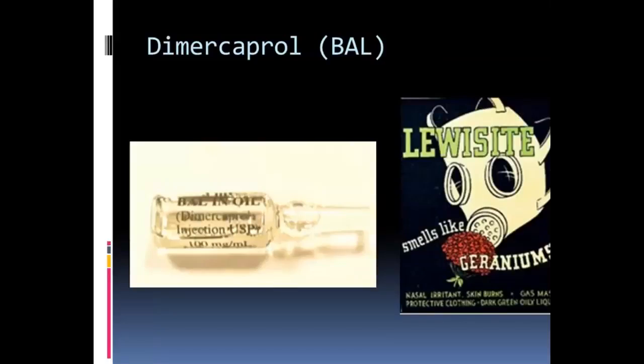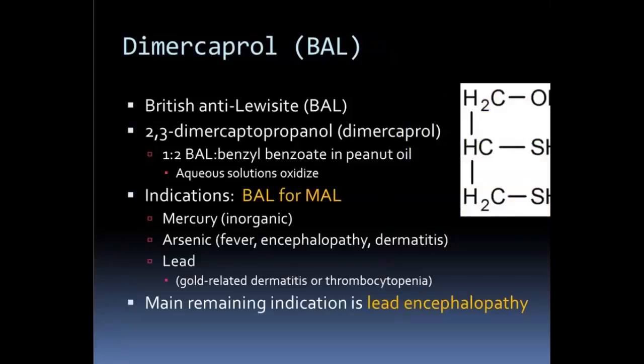So let's just go through in order, starting with dimercaprol, or BAL. It's often called BAL, and that stands for British anti-lewisite. This was actually developed as an antidote for lewisite, which was an irritant gas and a pulmonary agent, but is now mostly used for lead encephalopathy and severe lead toxicity.